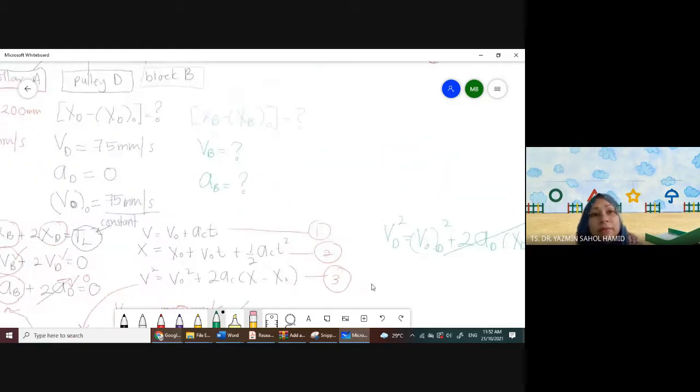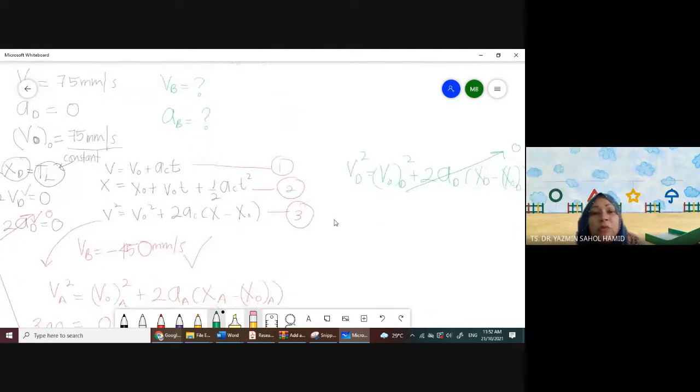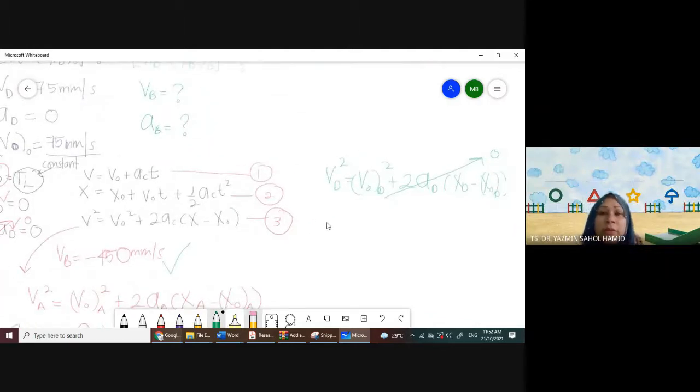Try again. Number 2. Okay, now, if you choose equation number 2, it will be XD equals XD naught plus V naught T plus 1 over 2 AD T squared.